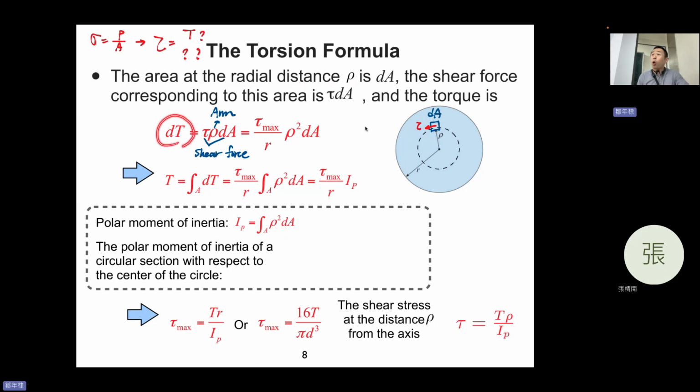The small torque dT equals shear force times arm at the small area.